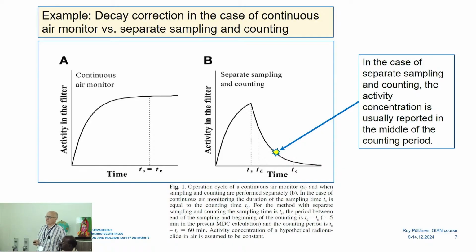If we assume that the concentration of radionuclides in air, inside air or outside air, is constant, and if we use a continuous air monitor and we start sampling here, the activity in the filter behaves like this. After some time, there is a balance because of radionuclide decay.